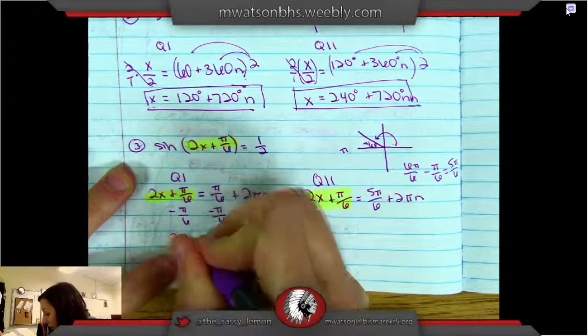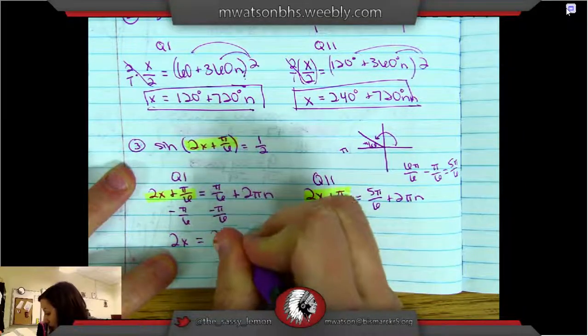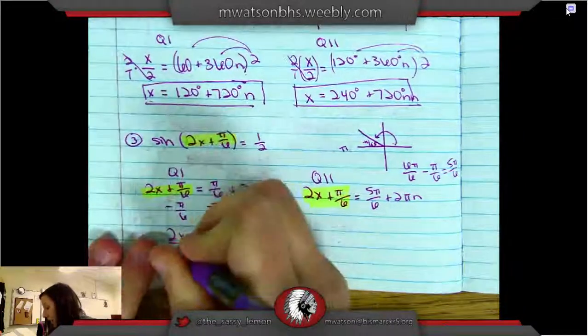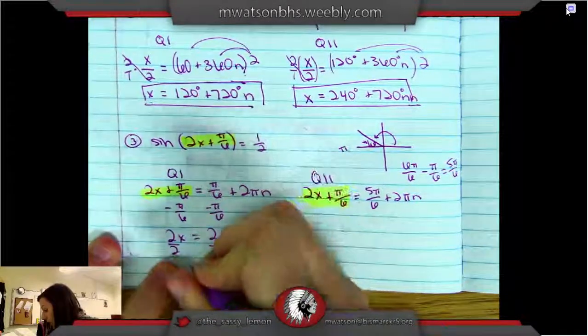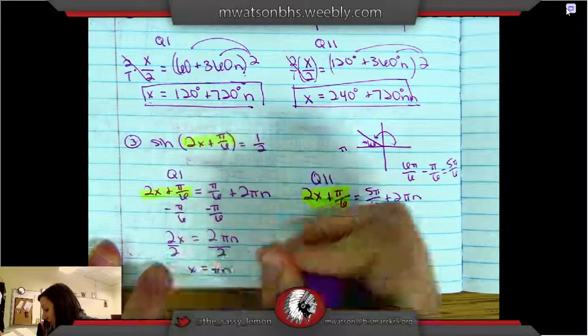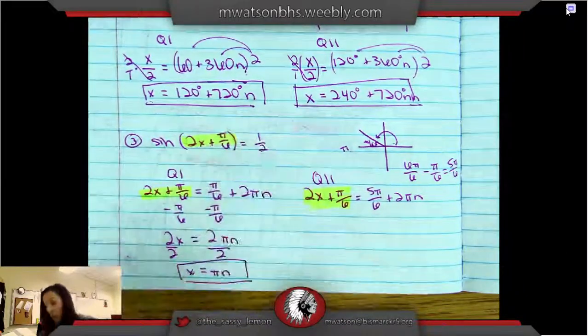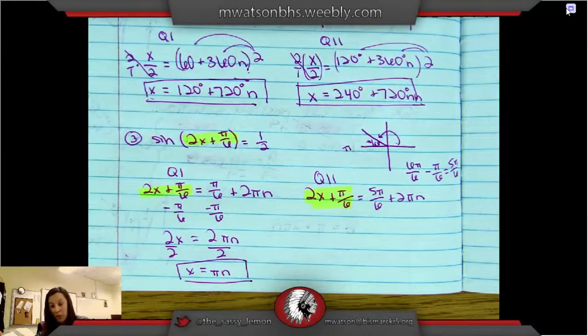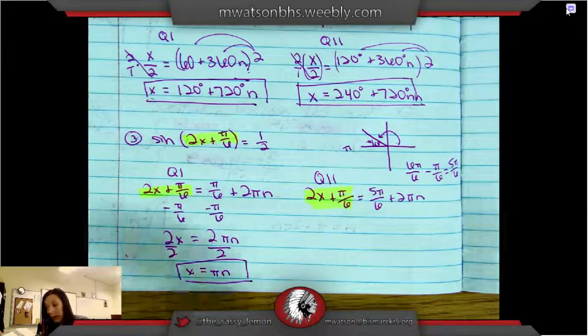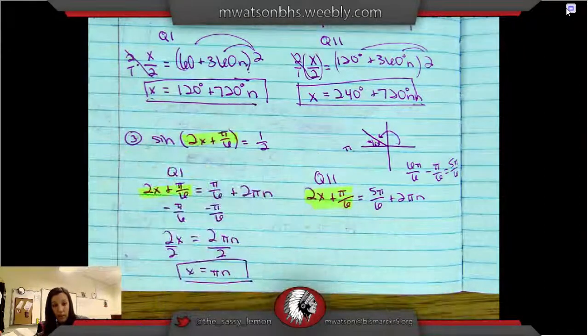And so we've got 2x equals 2 pi n here, and then divide by 2, and we get x equals pi n. So that's our answer for the first quadrant. Bunch of algebra. Remember, I just talked about how you can check your answer if you want to, but I'm going to trust that that's it.